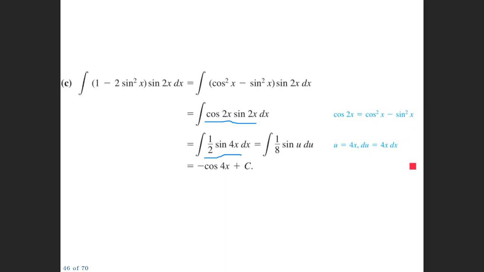Then we can do a substitution, or you might just be able to see an antiderivative straight away. An antiderivative of a half sine 4x dx is minus cos 4x plus c.